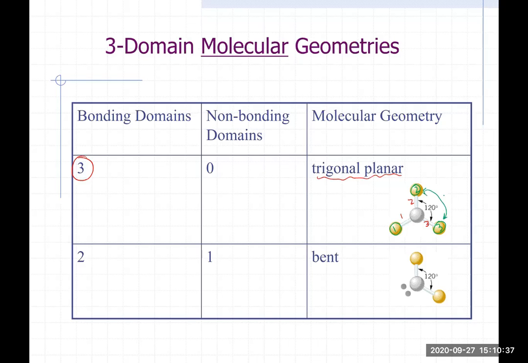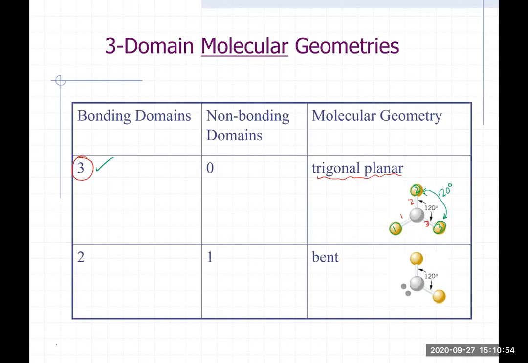Those atoms form our molecular structure. So they're still 120 degrees apart. So there is no difference between the electron geometry and the molecular geometry if all of our electron domains are bonding.